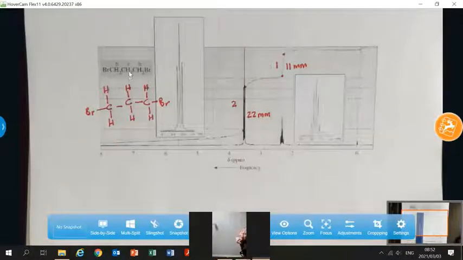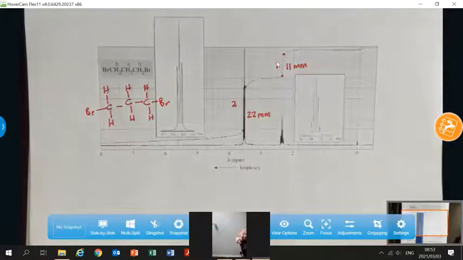So the central carbon is the one that has one hydrogen, if I take it relative to these four here, right?